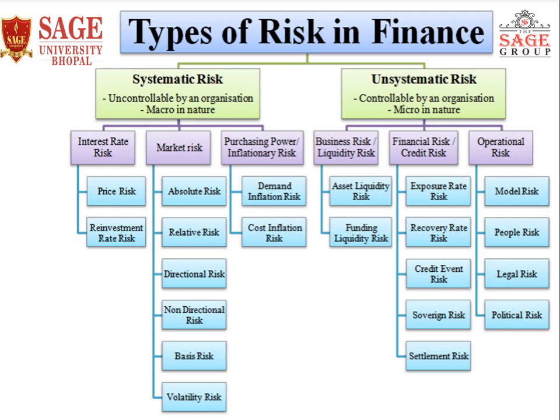Interest rate risk generally arises due to the variability in the interest rate from time to time, and it particularly affects debt securities as they carry a fixed rate of interest. Interest rate risk is again classified into price risk and reinvestment rate risk. Now, second comes market risk.